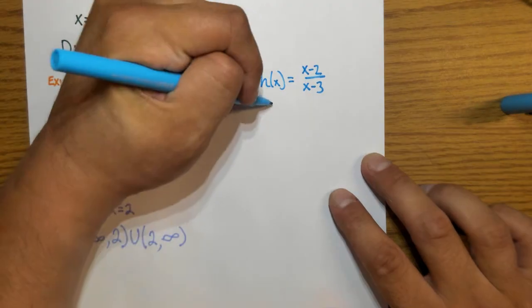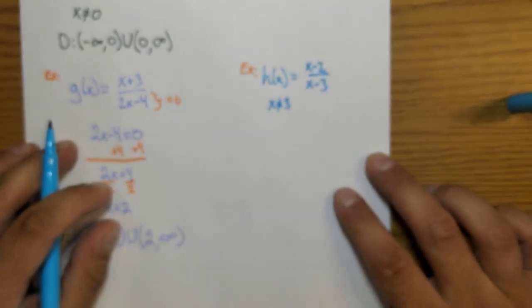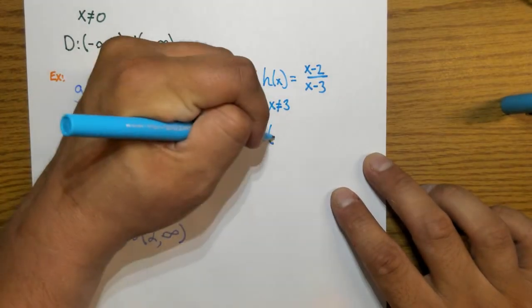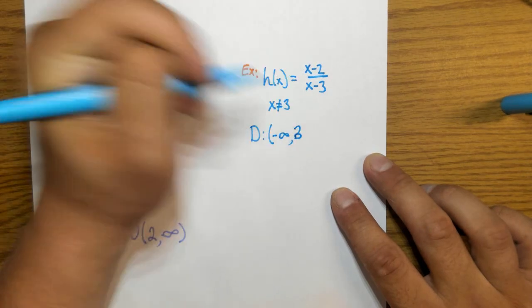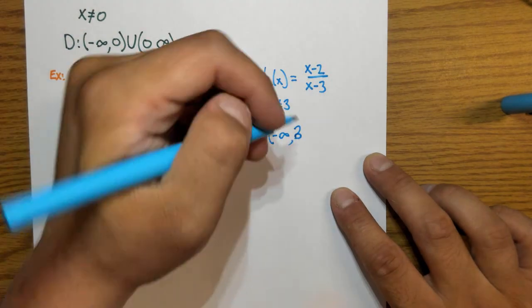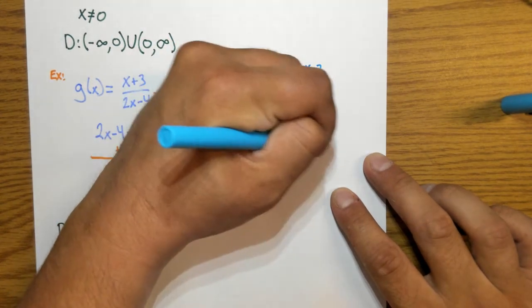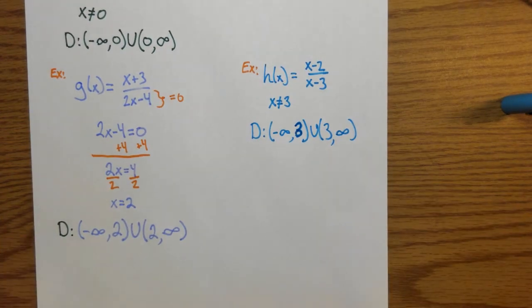So x can't equal 3, right? So our domain is going to be from negative infinity to 3. Sorry, that's supposed to be a 3. That's a funny looking 3. From negative infinity to 3, union 3 to positive infinity. Okay, so that's just how we do that.